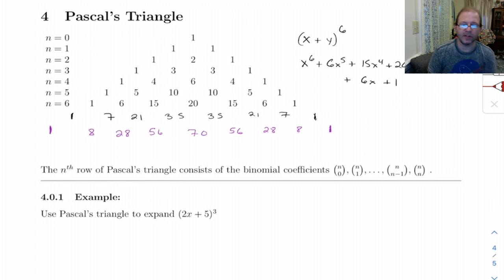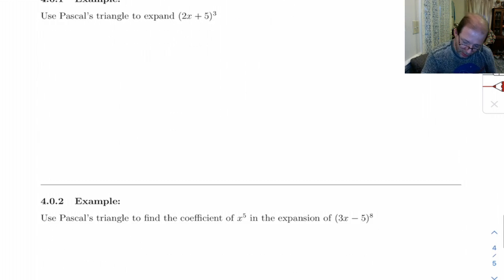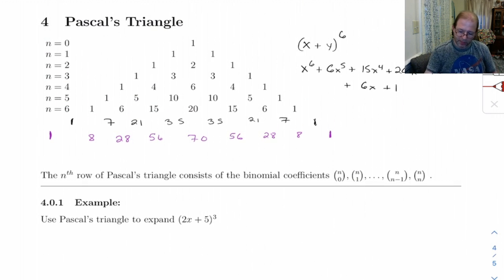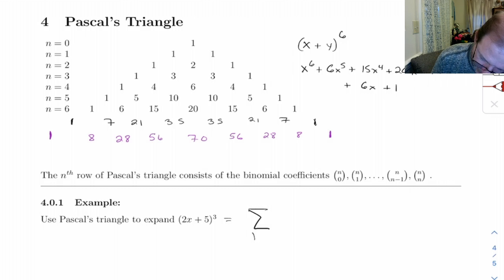Now I got 2 examples down here I want to do. 401 and then 402. So use Pascal's triangle to expand 2x plus 5 to the third. All right, so this is going to be the sum, k goes from 0 to 3 of 3 choose k.